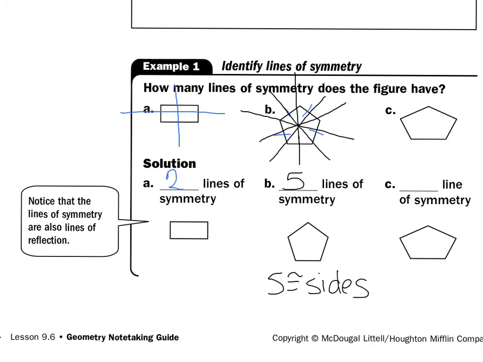So any regular polygon, however many sides, that's how many lines of symmetry it's going to have. C is not regular. So this one can only really be split right down the middle, so it's going to have 1 line of symmetry, because this is not regular.